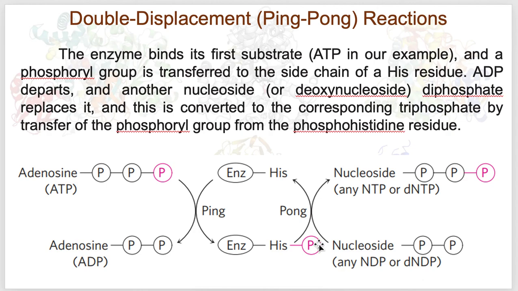Then finally, this phosphorus was transferred to the second substrate to form the product. So ping pong, double displacement. That's why it is called double displacement or ping pong reactions. Anyway, that was all for this lecture. Thank you for your patience.